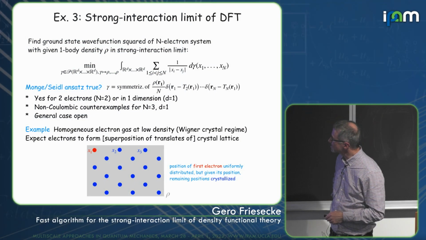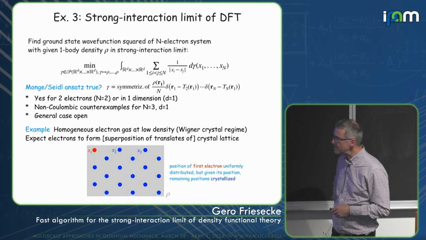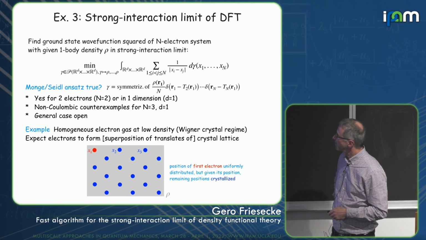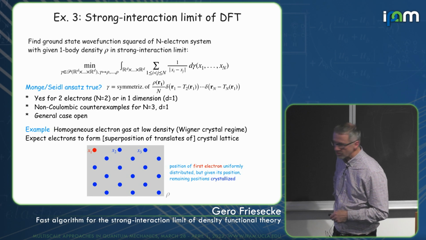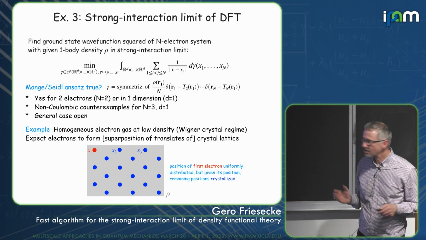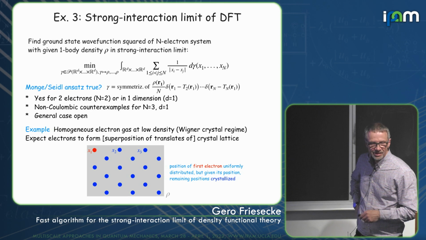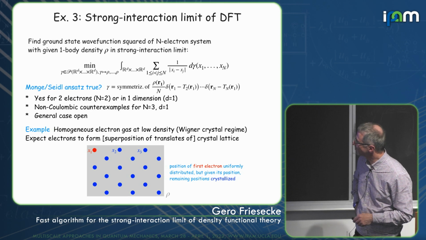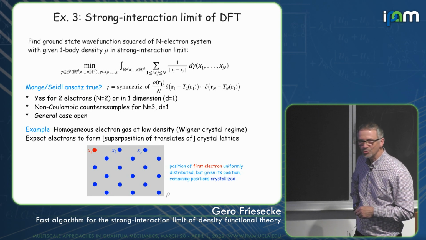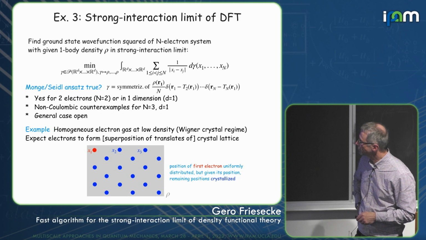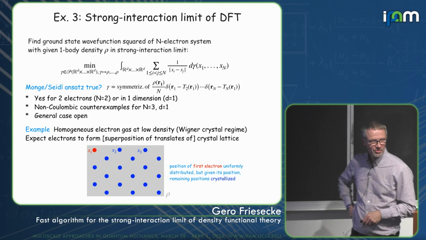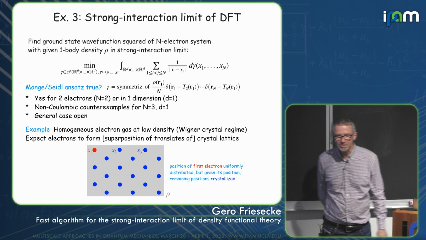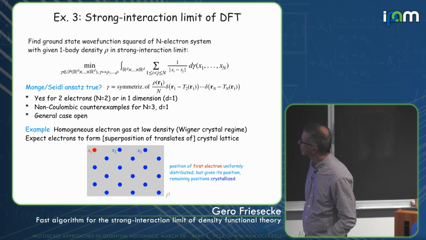But in the case when you have only 2 marginals in n dimensions or n marginals in 1 dimension, it's a theorem. So that tells you the question is subtle. It's always true in 1 dimension, always true for 2 electrons, but there are non-Coulombic counterexamples once you leave this realm, and Coulomb itself is not known.